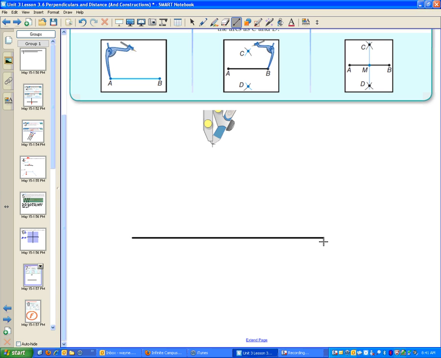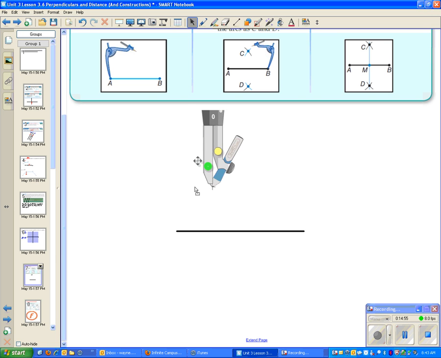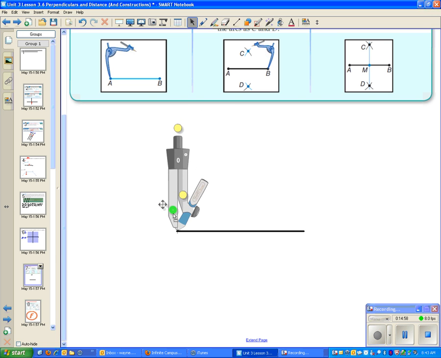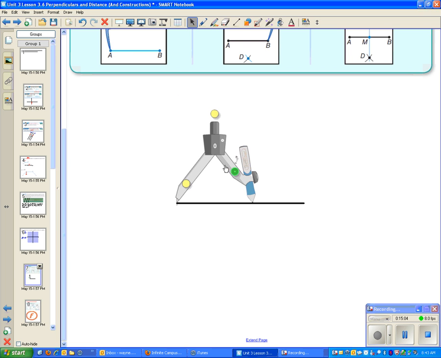All right, remember how it works. Put your compass point at one end point, stretch the pencil out more than halfway to the other end.